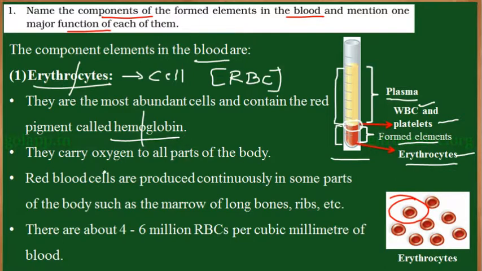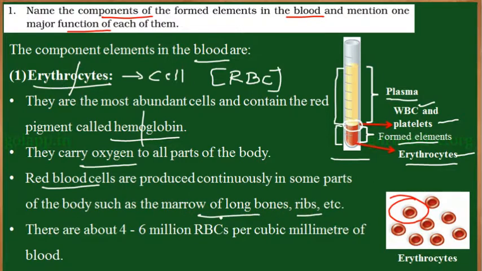The major function of this hemoglobin is to carry oxygen. Now when we respire, we take in oxygen in the lungs. From here the oxygen should be carried to all the cells present in the various parts of the body, and to transport oxygen we use RBC cells or red blood cells. These red blood cells are produced in the bone marrow and in the ribs.